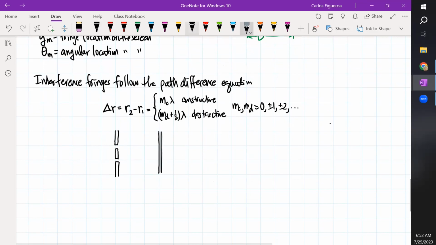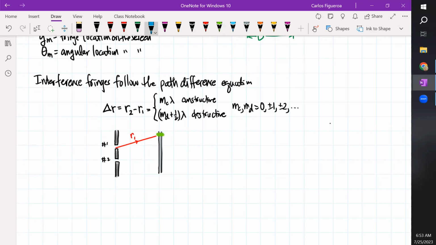So what do I mean by the path difference? Let's say that I have a fringe here. Now this could be a bright or a dark. So what you're seeing here is that this slit I'm going to call number 1, and this slit I'm going to call number 2. If I follow light from 1 to here, this guy I'm going to label R1.